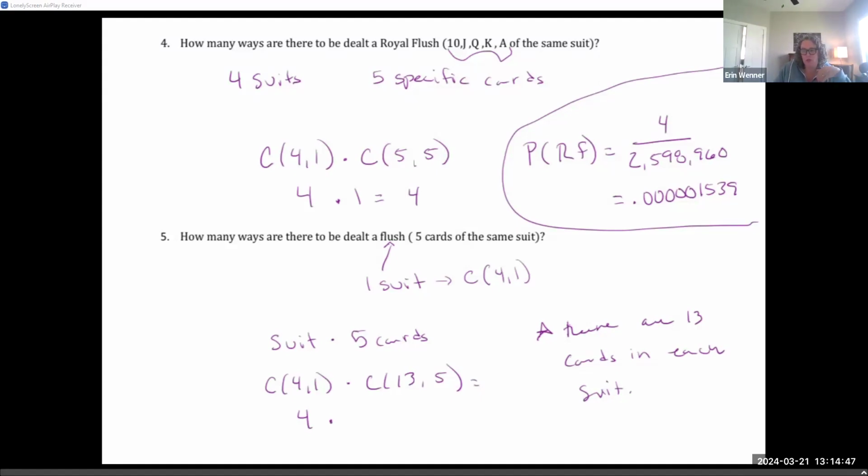So if we do the combination of 13 items, taken 5 at a time, we come up with 1,287 ways to choose those 5 cards from a set of 13. We then have to multiply it by 4 to account for the number of ways we can do this for each of the 4 suits. So multiplying those together, we come up with a grand total of 5,148. And that's the total number of ways we can get a flush.